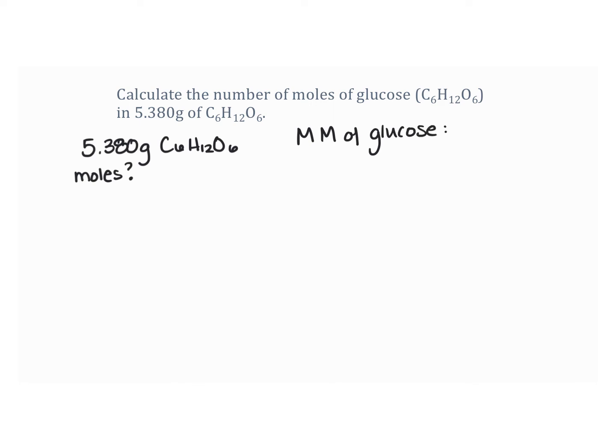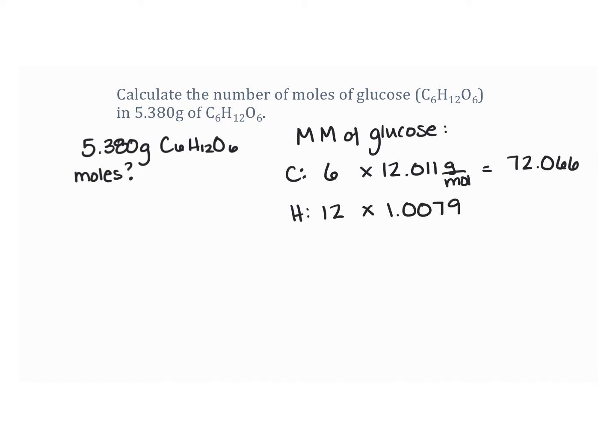So to do this, we say, okay, look, I know I have 6 carbon atoms. So for carbon, 6 times 12.011 grams per mole equals 72.066. For hydrogen, there's 12 hydrogens, so 12 times 1.0079 grams per mole equals 12.0948.